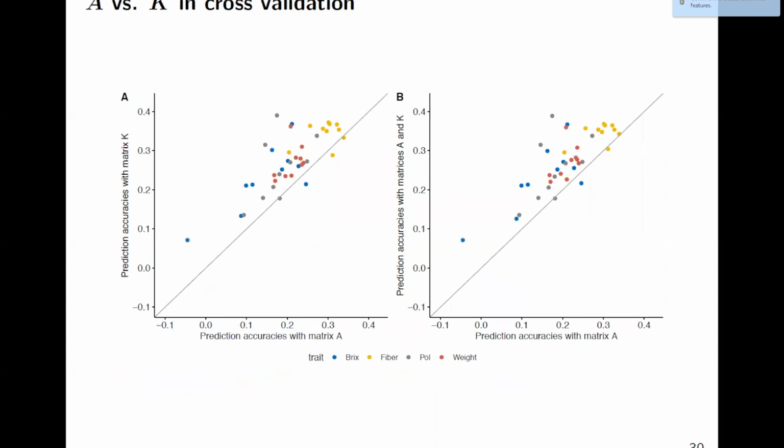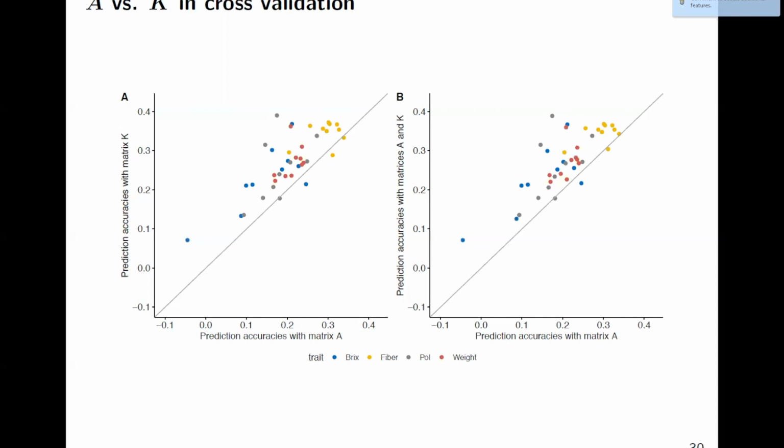Here I'm comparing what I get when predicting using only the molecular markers, and here using only the pedigree information. The dots are the same traits I was showing on the previous plot, but now the values are the accuracies themselves. We see a trend of higher accuracies when using the markers in comparison to the pedigree.